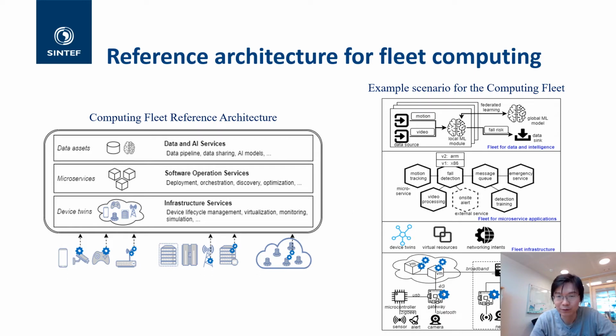On top of these virtual resources, you have the application comprising multiple microservices, and you see the dependencies between those microservices. And on top of it, you see where the data is from, how the data flows through the microservices, and where it goes. All three layers are different when handling a fleet compared to handling a cluster in the cloud.